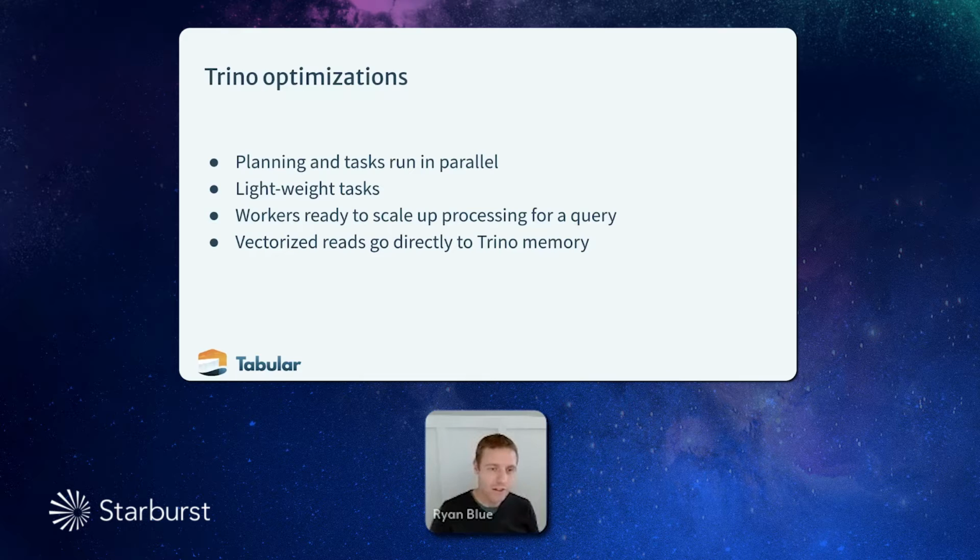So first of all, Trino has optimizations like running planning and tasks in parallel. So as soon as a connector starts producing tasks from that job planning phase, Trino is going to start running those tasks on workers, seeing how they execute, maybe scaling up to a larger worker set or not, but we're basically immediately getting feedback.